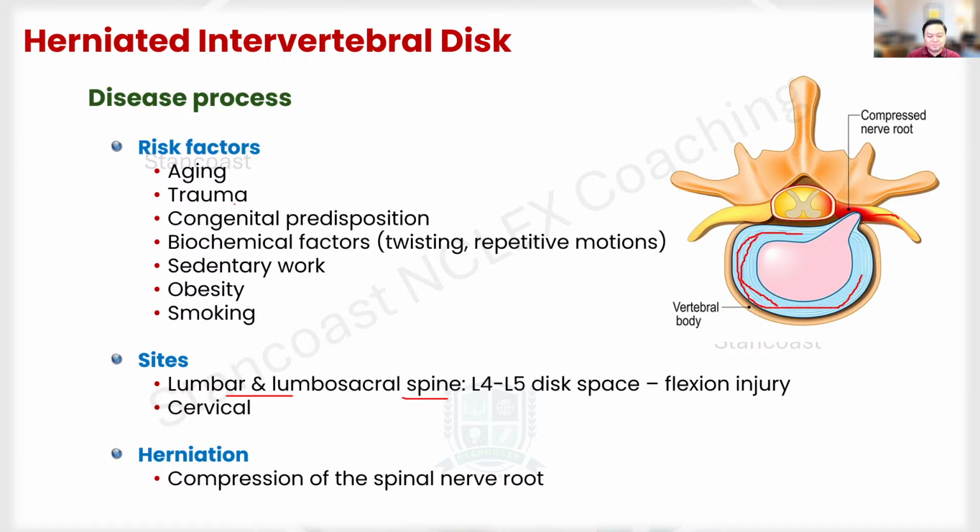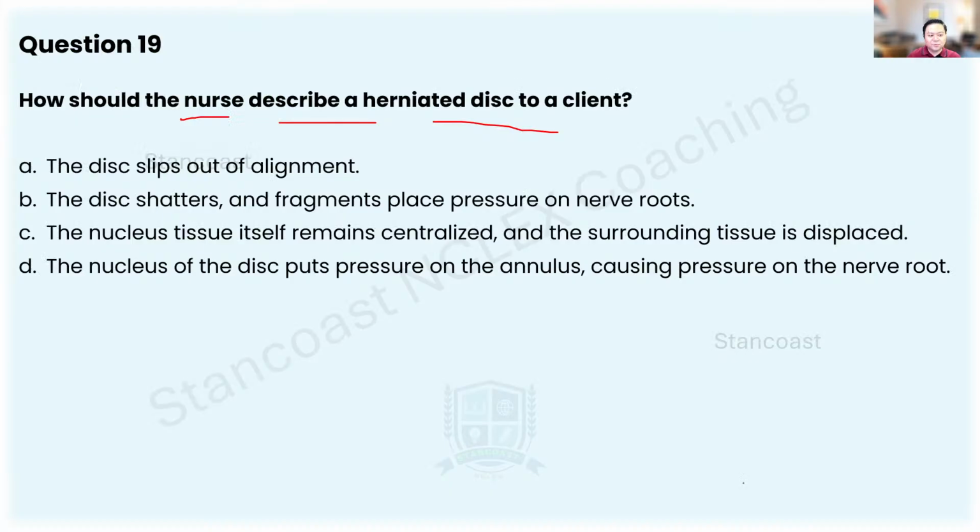It's not the slipping. Going back into that question right now, what would be your final answer this time? Will that be A, disc slips out of alignment? Or will that be B, the disc shatters and fragments, place pressure on nerve roots?